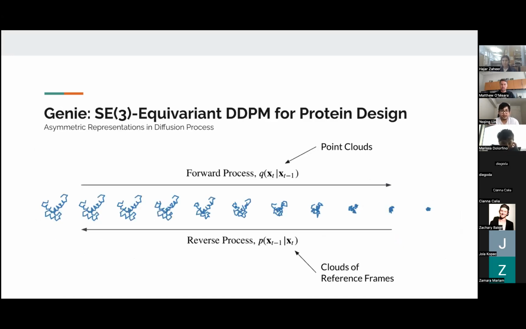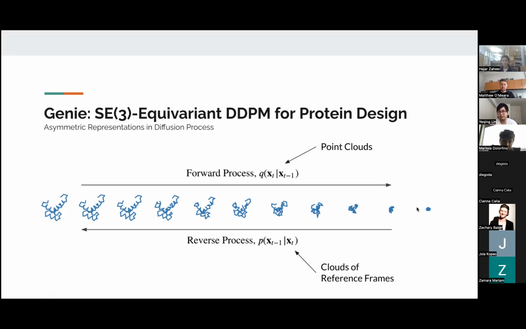Applying this to the protein design space, and this is what Genie does, has a pretty similar structure. From the left, we start with a protein structure. In the forward process, we add Gaussian noise to each C alpha atom, gradually noising it.